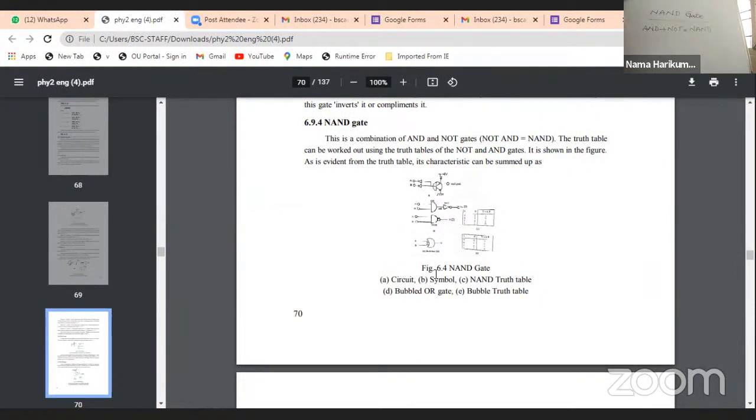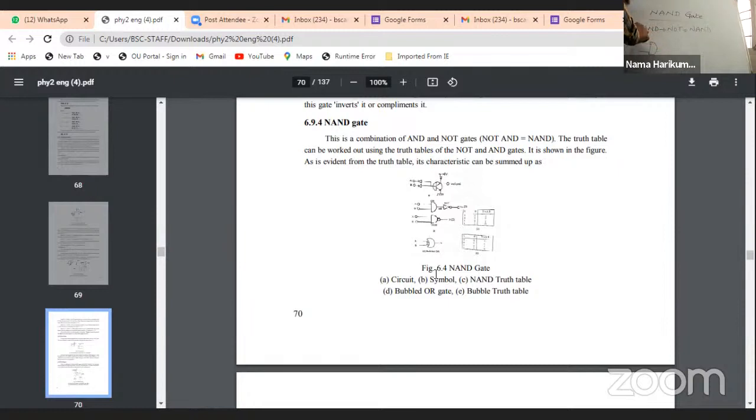First of all, we have to see the symbol of our NAND gate. First we write the AND gate. This is the AND gate, you know that one.